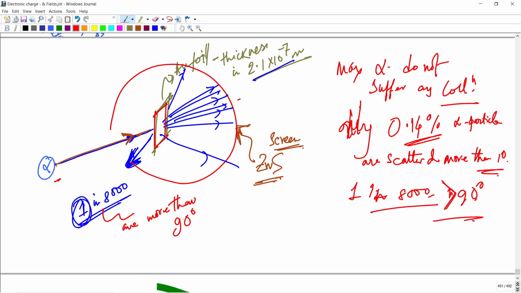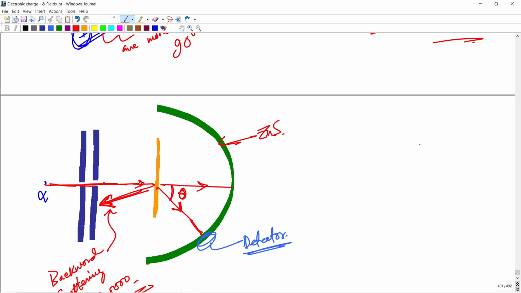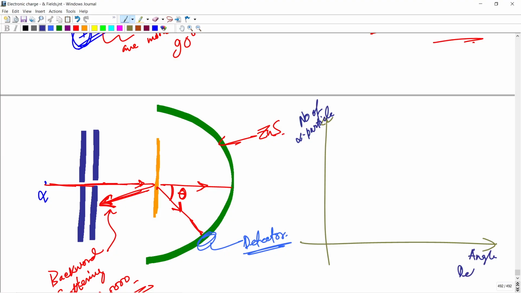So if I draw a graph here, suppose there is the number of alpha particles here, and here is the deflecting angle. And you see that this graph is an exponentially decaying graph.